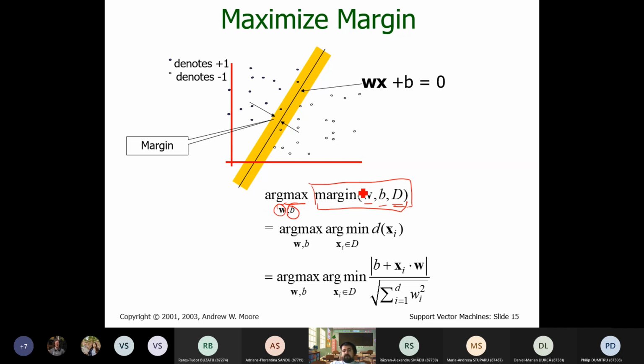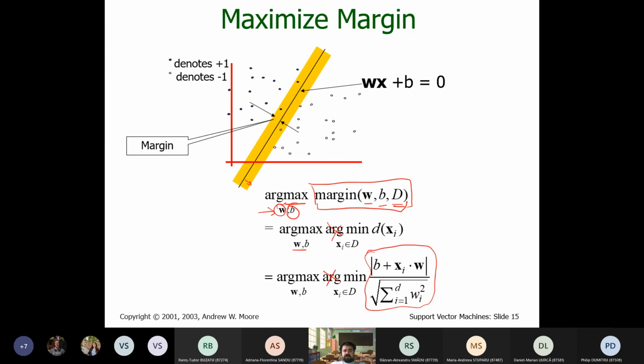And now, if we want to maximize the margin, it means that we will need to get the w and b that will increase this distance to the maximum. So it will be argmax over w and b of the minimum distance of all the points from the data set.